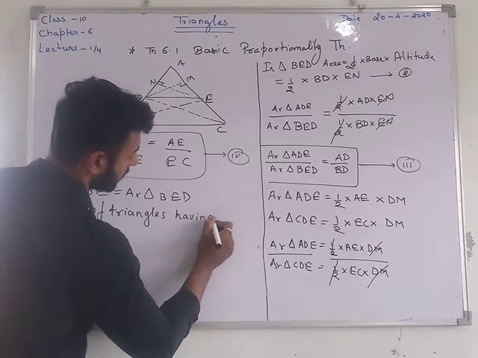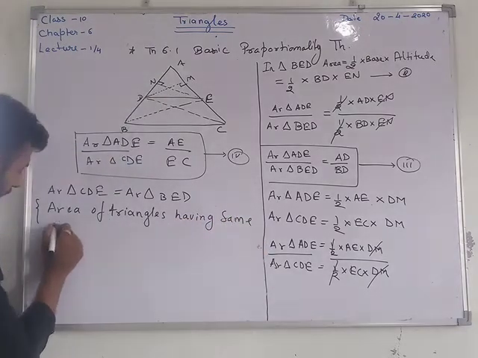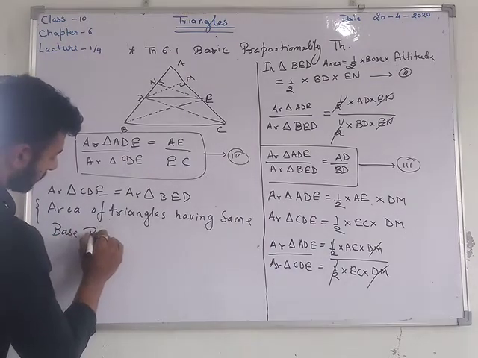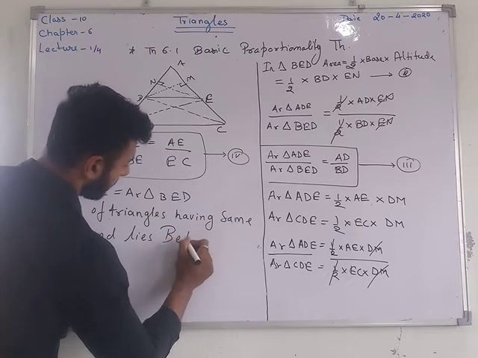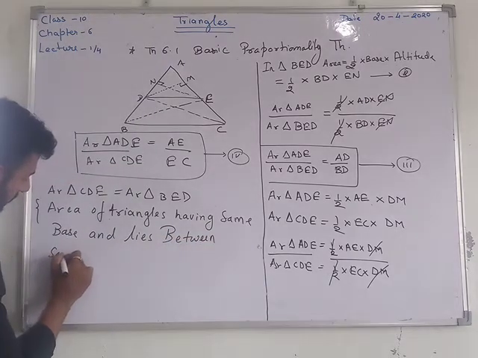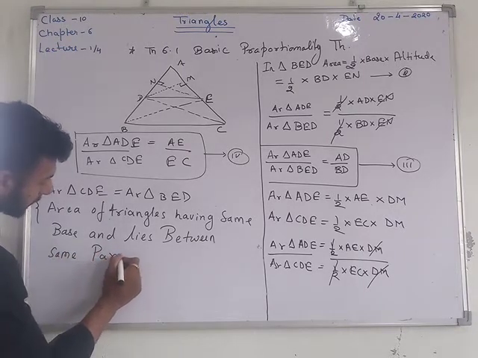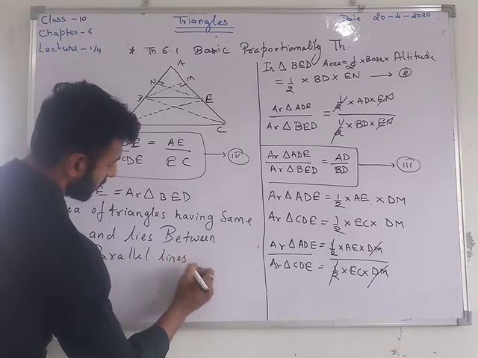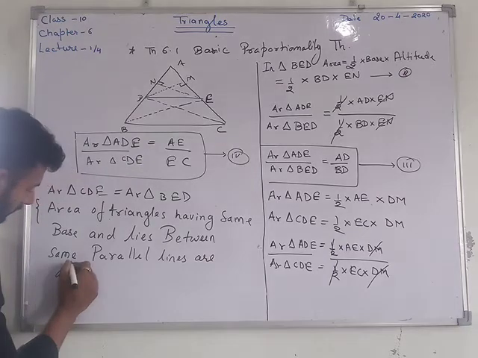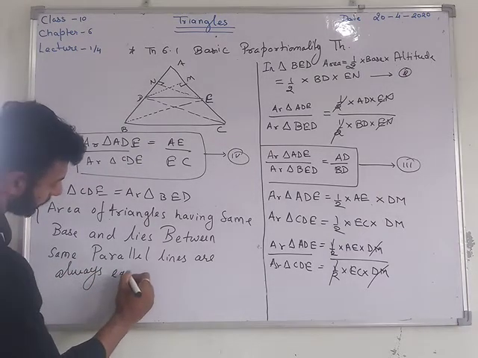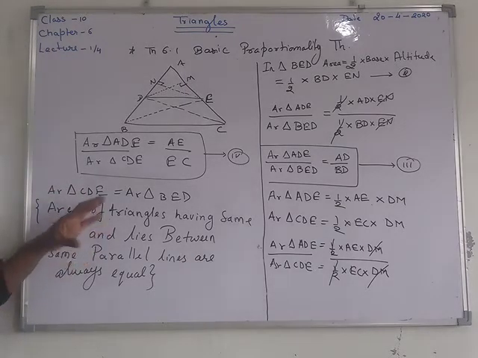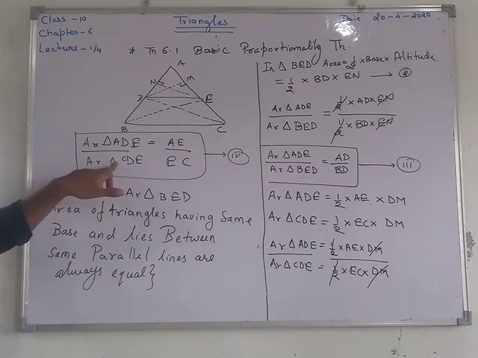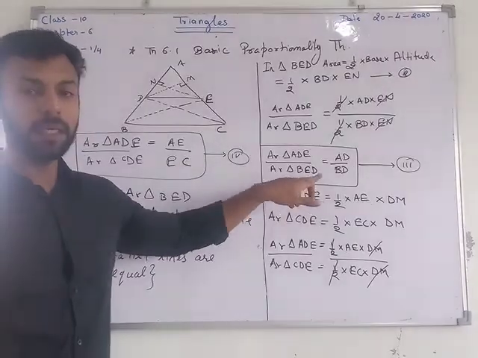Triangles having the same base and lying between the same parallel lines are always equal in area. This property we have learned in the 9th class. Therefore, area of triangle CDE and area of triangle BED are equal.